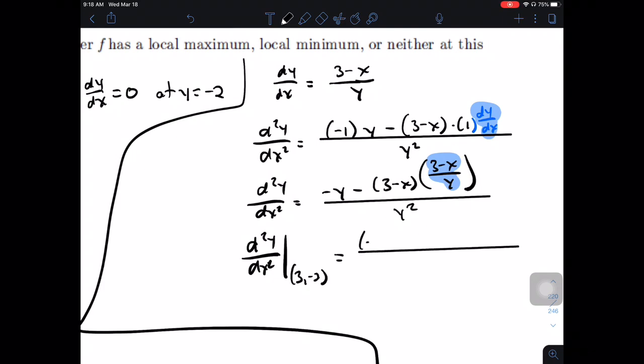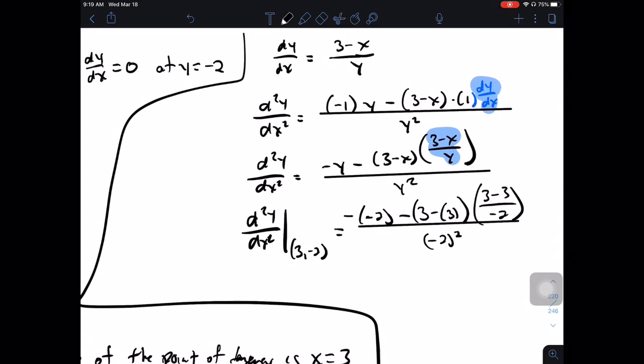So we're putting a negative 2 in for the y values, and the 3 in for the x values. We just want to know, is this thing positive or negative? A great thing happens here.